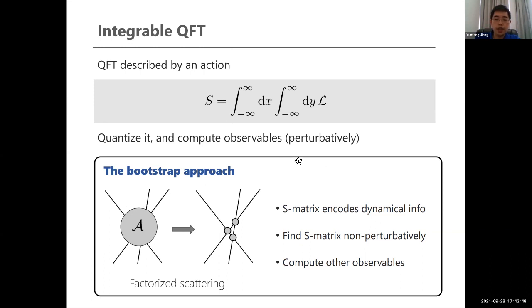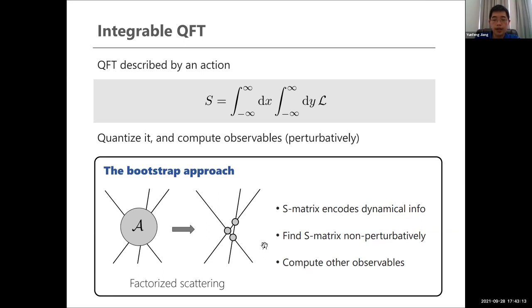This severely constrains the dynamics, such that any m-particle interaction is factorized into a sequence of 2 to 2 scattering. Basically, it means that the 2 to 2 S matrix encodes all the dynamical information of your integrable QFT. So then the idea is clear.